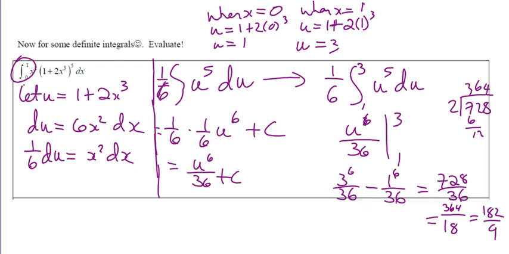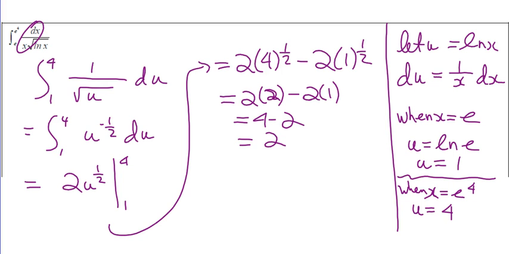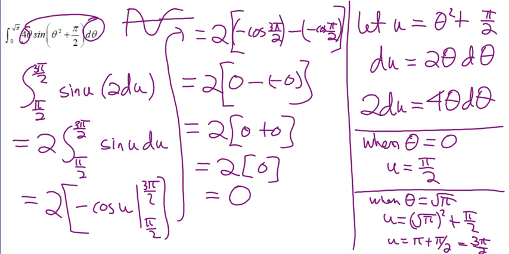For definite integrals, do your u substitution, du, but now take the bounds of integration. When x is the lower bound, work out u. When x is the upper bound, work out u. Rewrite the problem. This one's easy to do. This one's not easy to do. Okay, and you're done.